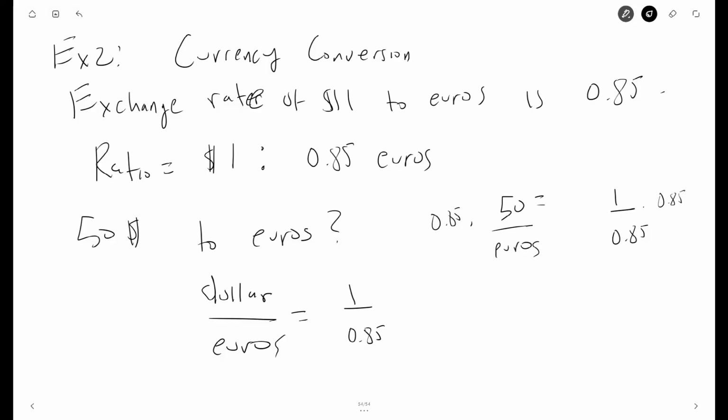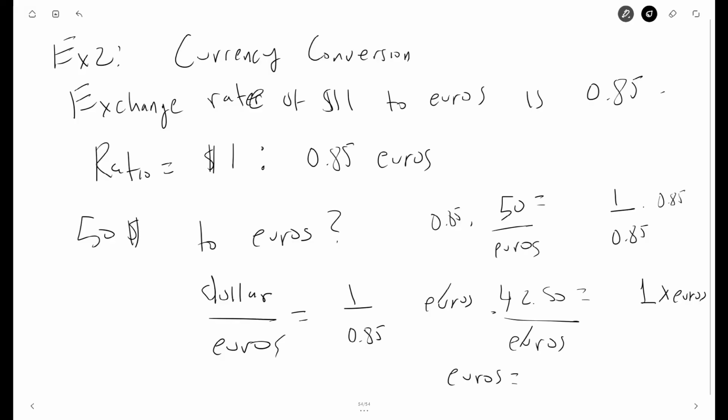So it's 42.50. To get euros, we're going to multiply both sides by euros, and because this cancels, we get euros equal to 42.50.